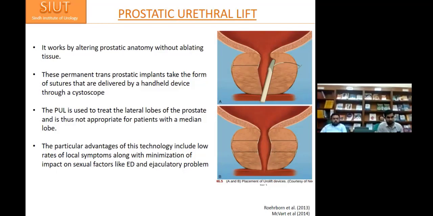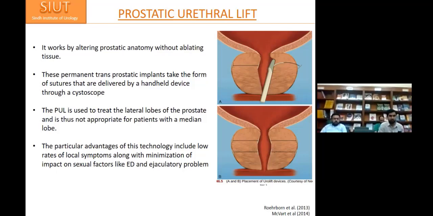Moving forward, there are certain other recent advancements in the management of BPH with considerable outcomes as compared to monopolar TURP. The first one is prostatic urethral lift, commonly called UroLift. It works by altering prostatic anatomy without ablating the prostatic tissues.